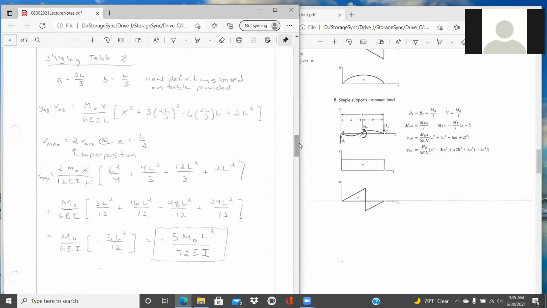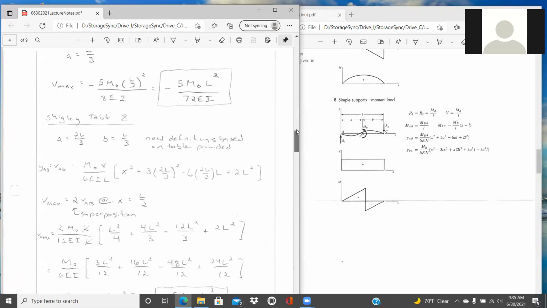And so, basing this off of Shigley's table 8 here, first we have to redefine what A and B is based on our table and based on the loading that's provided.